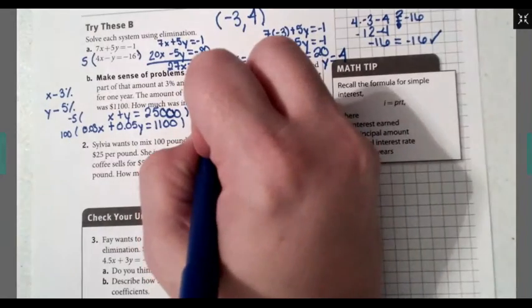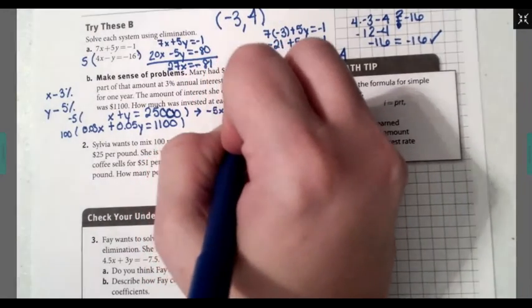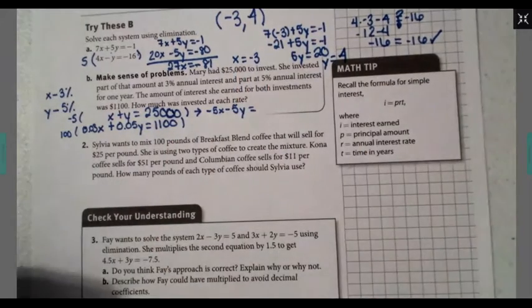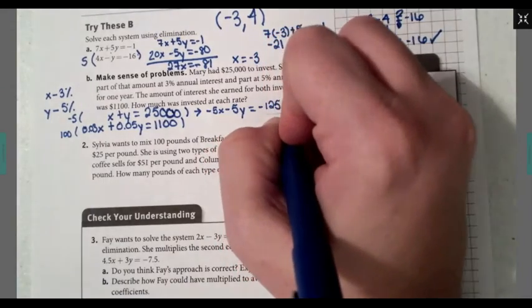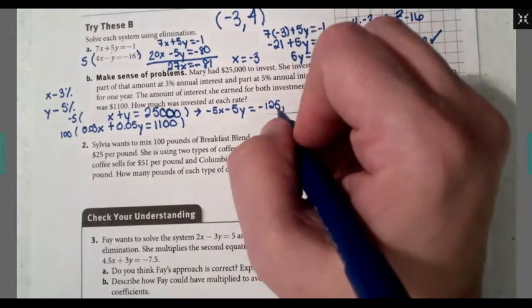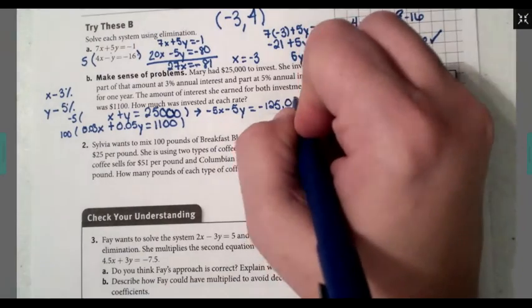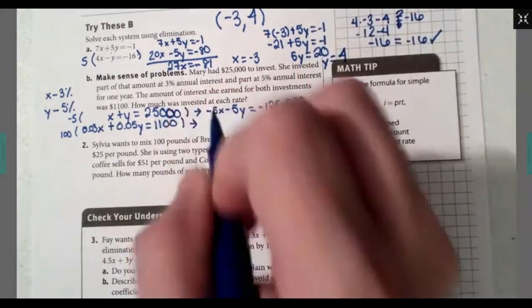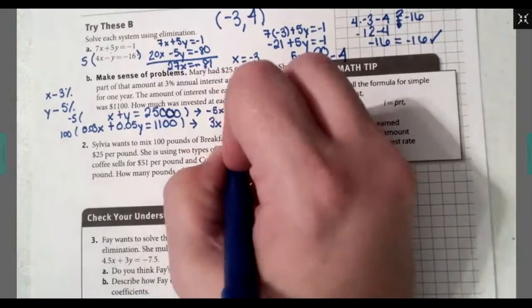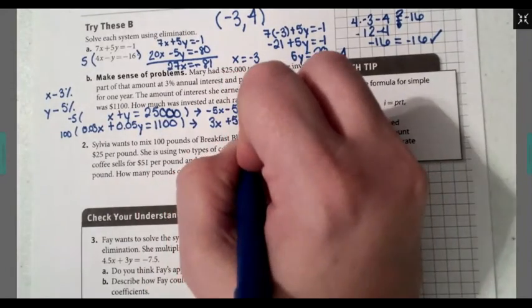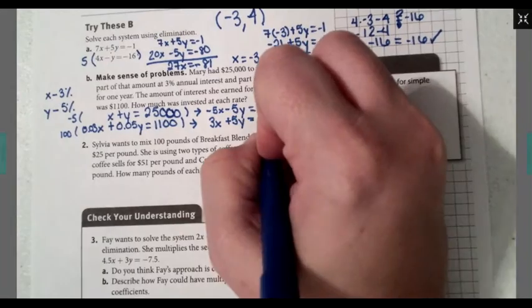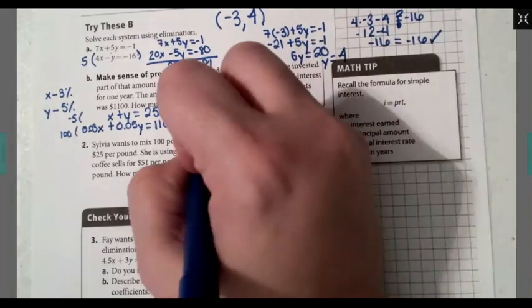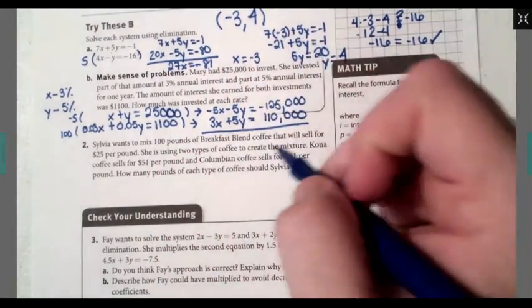That gives me -5x minus 5y equals -125,000. Here we're going to have 3x plus 5y equals 110,000.